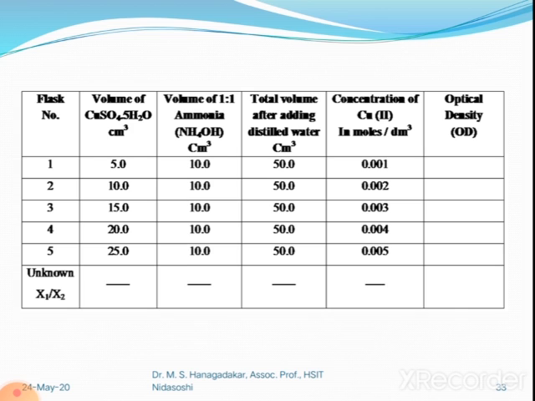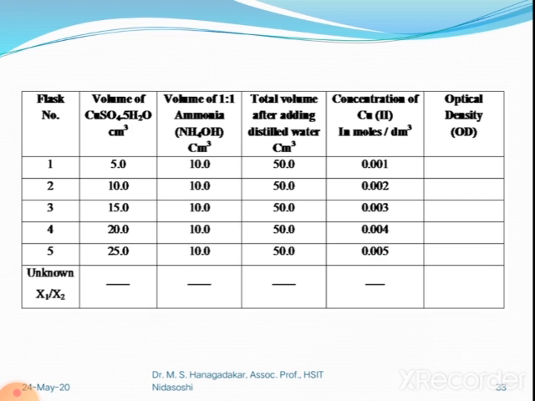Then you calculate the concentration of copper ions, taking the stock solution as 0.01 molar. After dilution to 50 ml, the concentration becomes 0.001 for the first flask, 0.002 for the second flask, 0.003 for the third flask, 0.004 for the fourth flask and 0.005 for the fifth flask, and the unknown concentration you need to calculate.